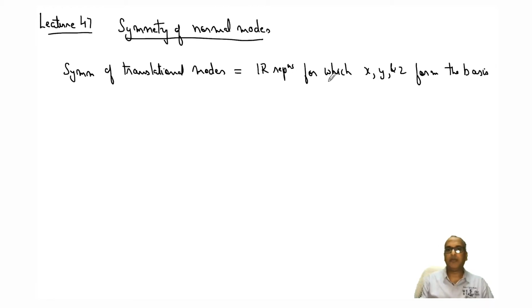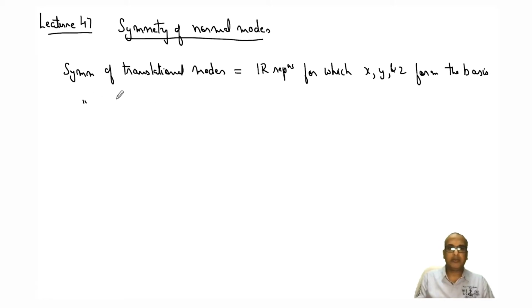So this information can be easily obtained from the character table, that what unit vectors are forming the basis for which IR representation, and that will be the symmetry of the translational mode, because translational modes go with motion in X, Y, and Z direction, right?